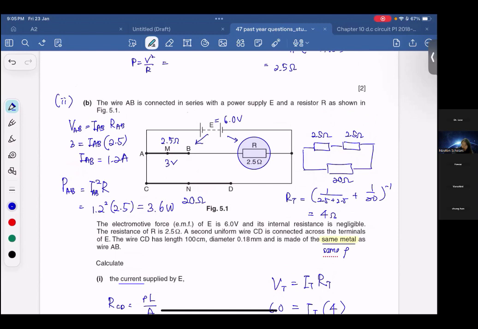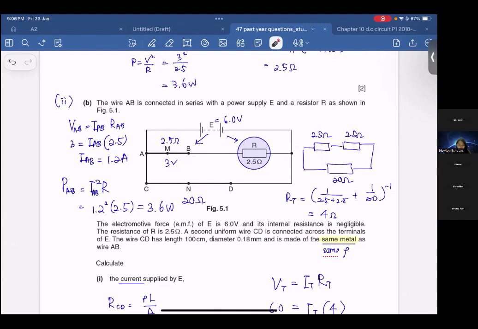VAB is 3 volt, 3 square divided by 2.5, I still get 3.6 watt. Again, teacher, how do I know this is 3 volt? Dear, because this is 2.5 ohm and here is 2.5 ohm, so they will share this 6 volt equally. So it will get 3 volt. You need to have this kind of sense. It's half, so it will share the voltage.